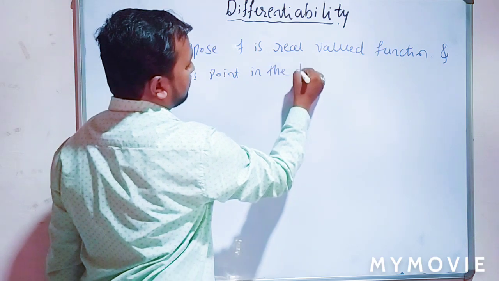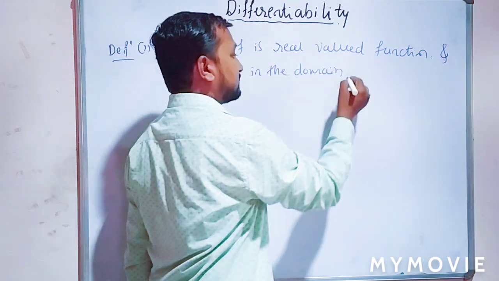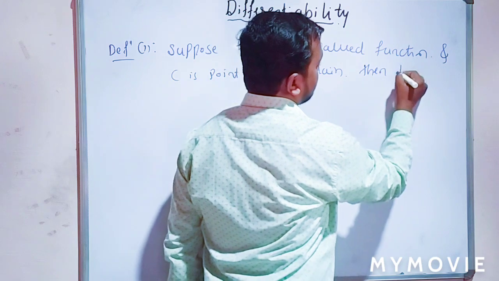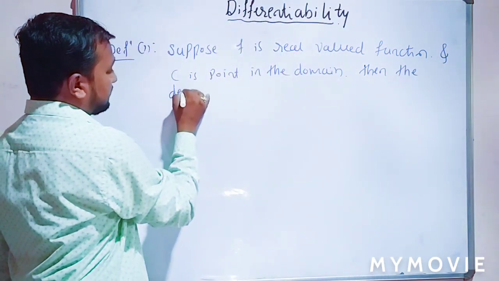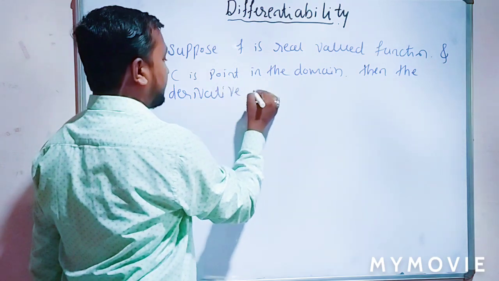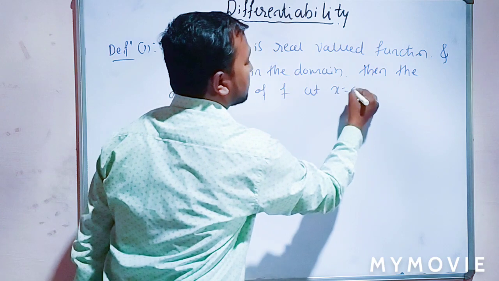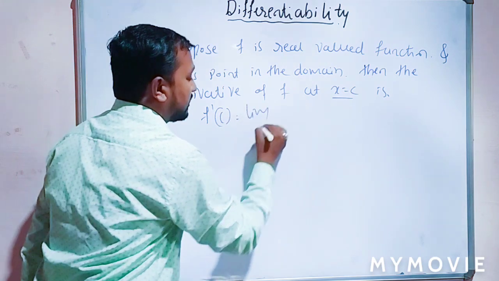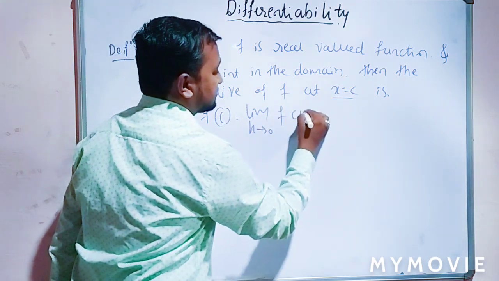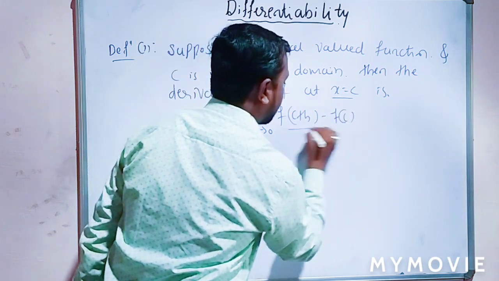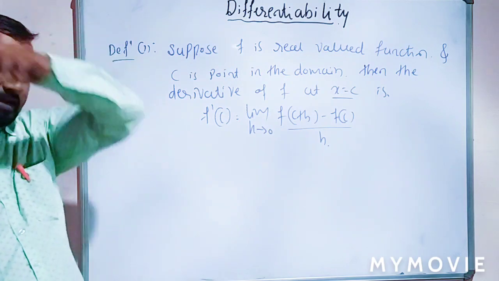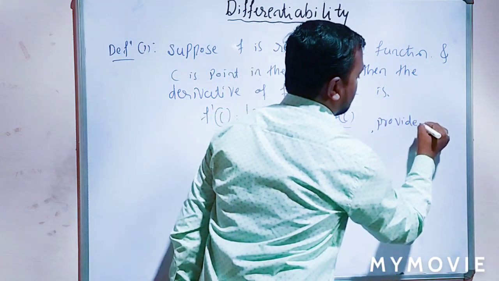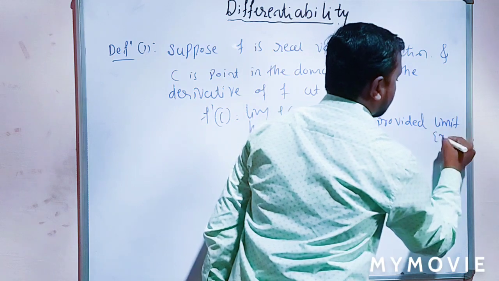Then the derivative of f at the point x equal to c is given by f dash of c equal to limit of h tends to 0 of f of c plus h minus f of c divided by h, provided this limit exists.